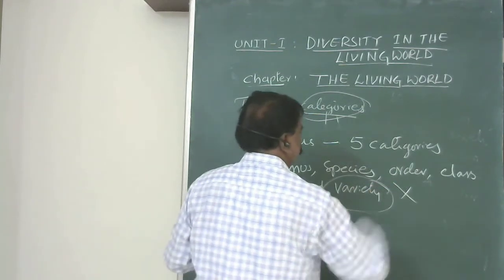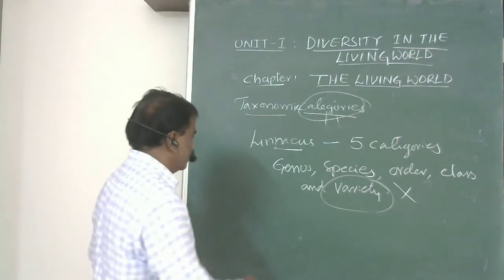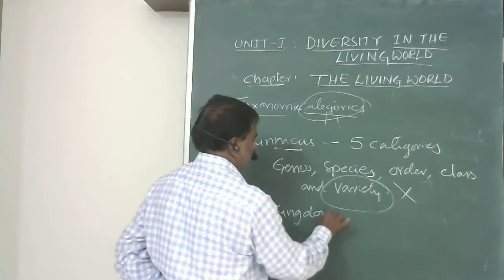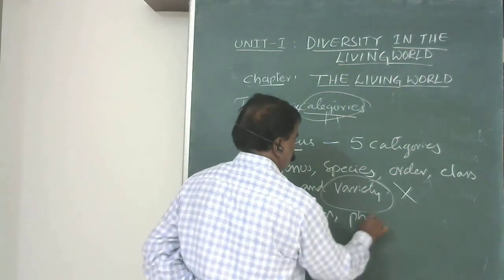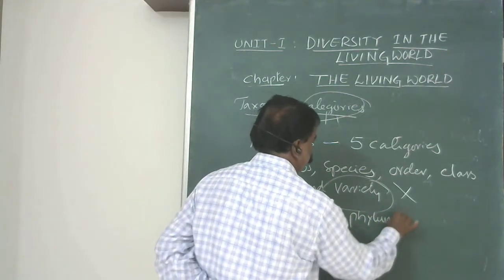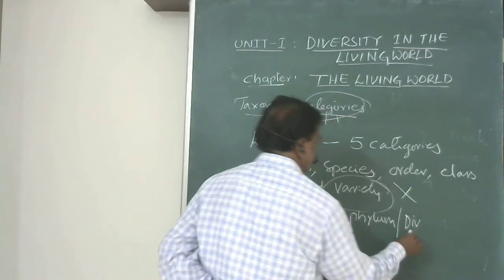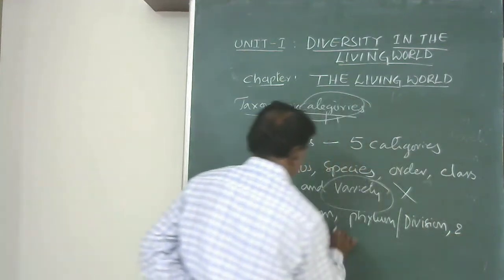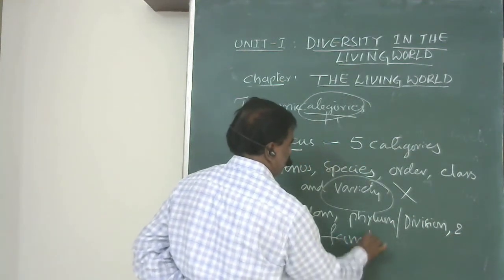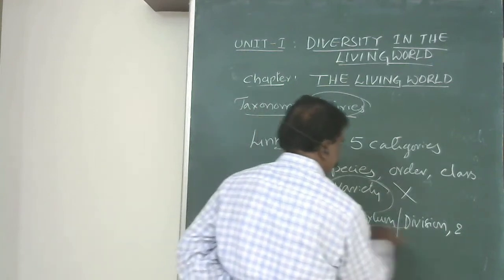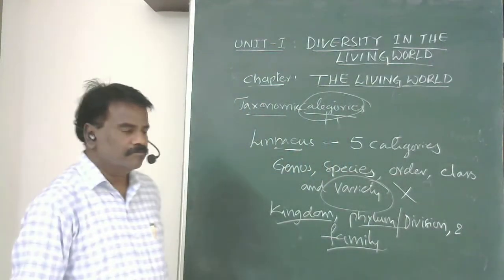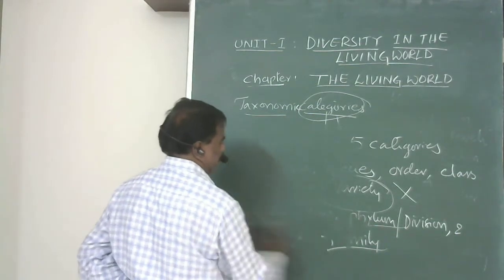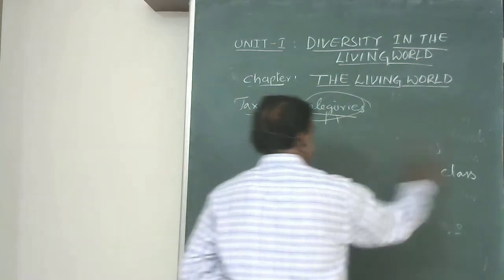Later, this variety was deleted. And kingdom, phylum, or division in case of plants, and family are newly added categories.